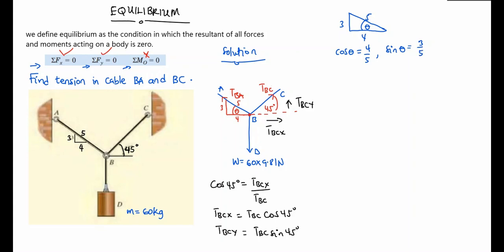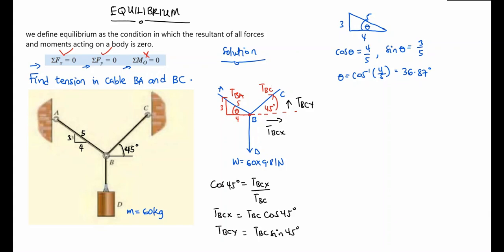At this point you can find theta if you want to. Theta will be equal to the cos inverse of 4 on 5, which gives us a value of 36.87 degrees. You can also use the sine inverse of 3 on 5, which also gives us the same value. So we have theta to be 36.87 degrees.